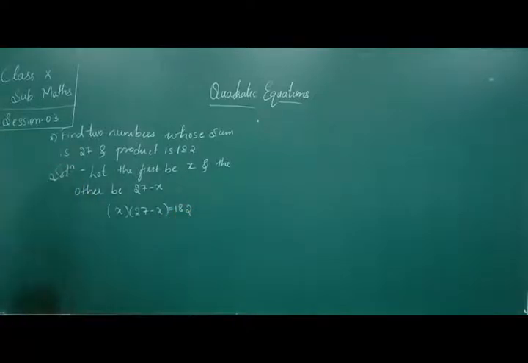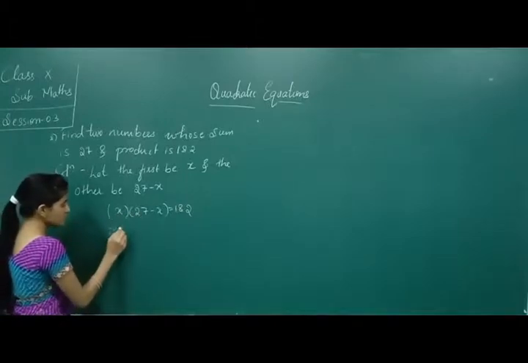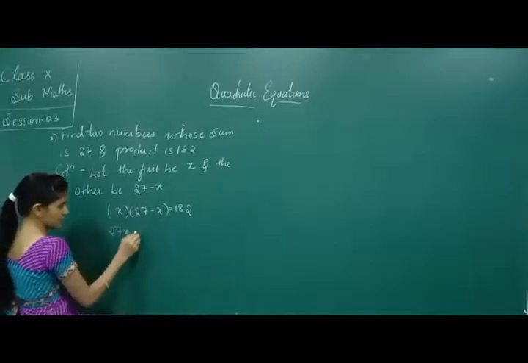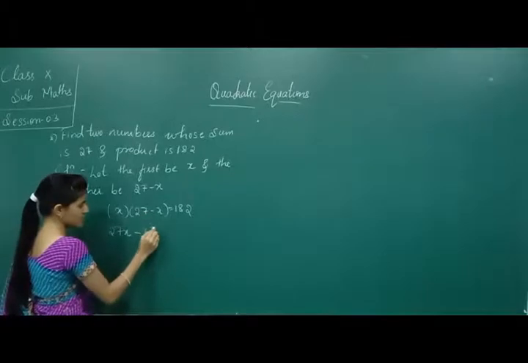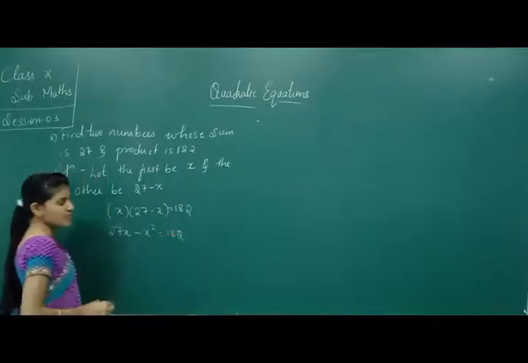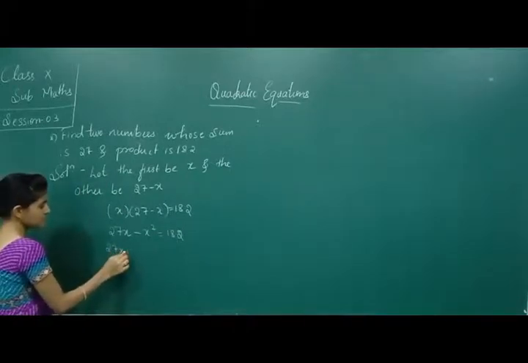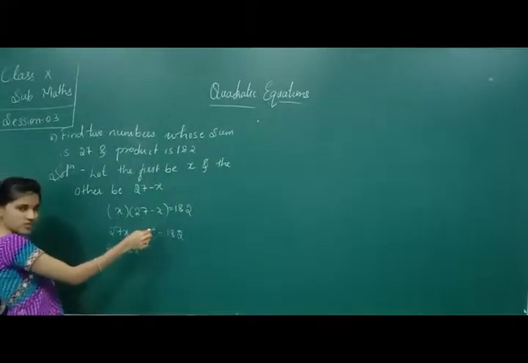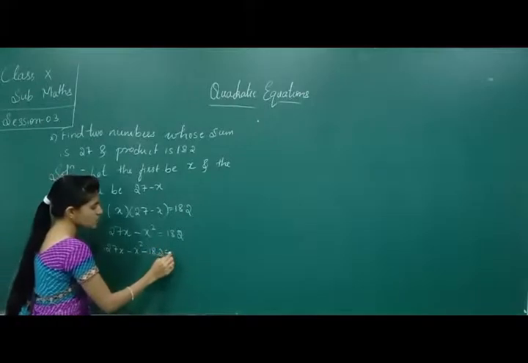Now let us solve this. x into 27 is 27x, plus into minus is minus, x into x is x square, which equals 182. Next, I am going to get 27x minus x square, and if I shift 182 to the left hand side, I get minus 182, which equals 0.